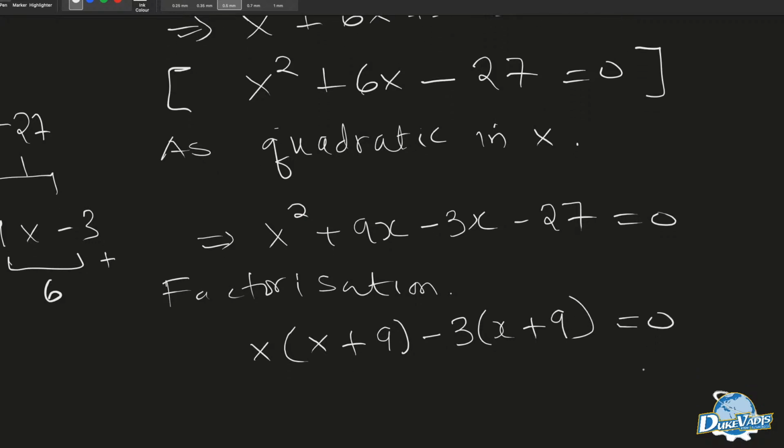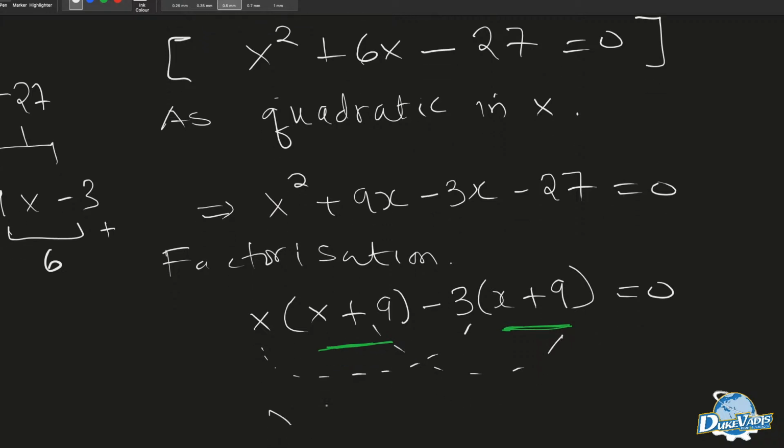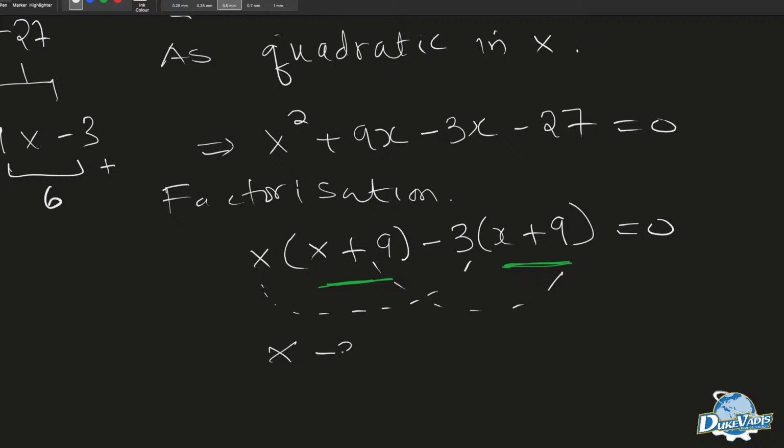If you do your factorization very well, you will always have common values that repeat themselves. Here we have x plus 9 and x plus 9, which is common to both. So we pick this one and this one, and we say (x minus 3)(x plus 9) is equal to 0.